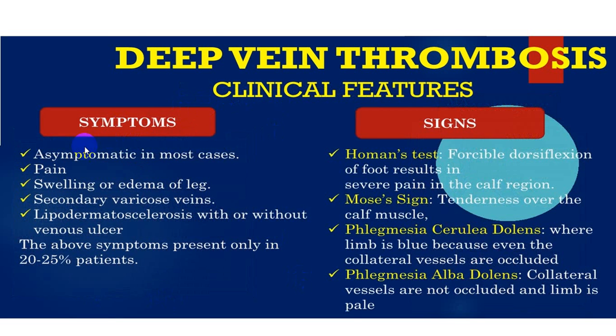We already mentioned that a good number of people will be asymptomatic, and when they are symptomatic, pain, swelling, varicose veins, and because of chronicity, they can end up with lipodermatosclerosis with or without venous ulceration.